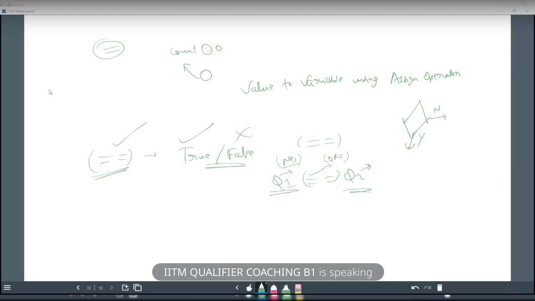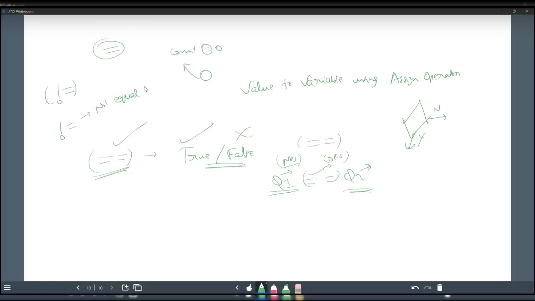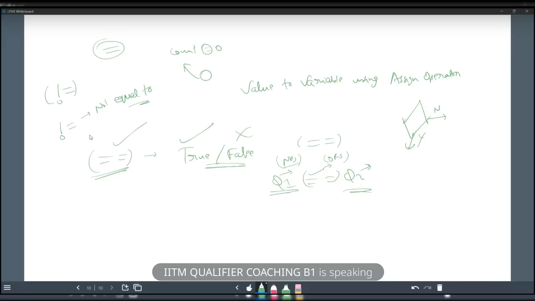Yeah, okay. If it is not equal to, we indicate it using this. We place an exclamation mark, and after that there should be an is equal to symbol. This is the symbol used for not equal to. Am I clear? Any other doubts, anyone?